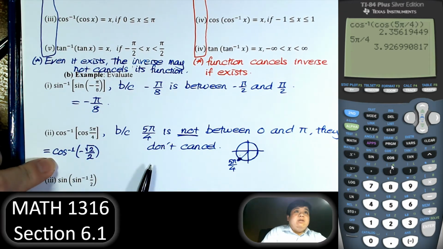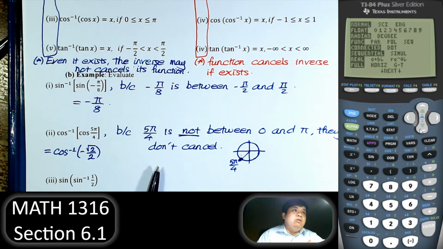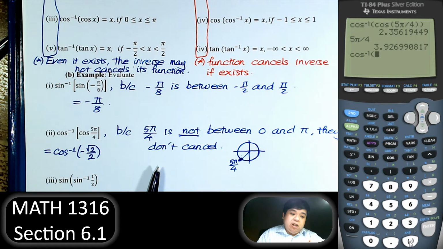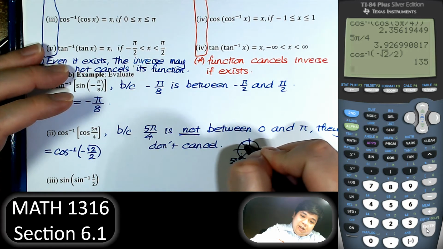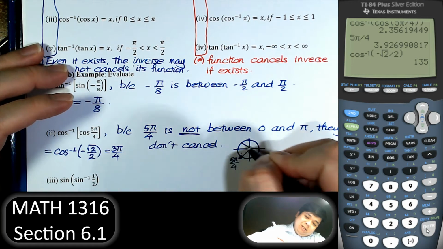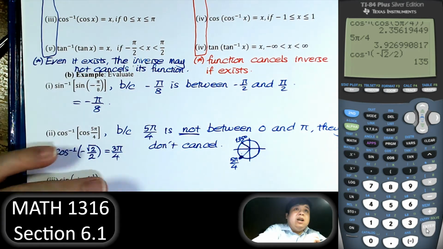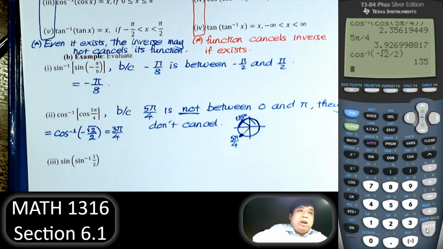And then we do the cosine inverse of negative square root of 2 over 2. Again, if we do the inverse, it's better to give the answer in degrees, so we know if anything nice comes out. That's 135 degrees, which is 3 pi over 4. Of course, for the cosine inverse, the answer must be in quadrant 1 and quadrant 2. So that's what we have.